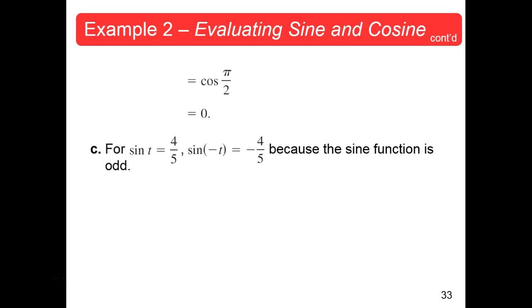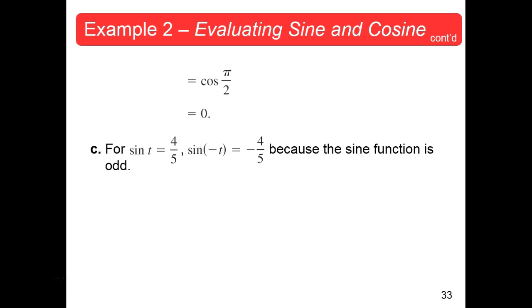Now this time they're going sort of the other way. Well, this is asking about something different. For sine of t equal to 4/5, what is sine of negative t? Oh, sine is an odd function. So if sine of t is 4/5, what about sine of negative t? Remember how sine looks?